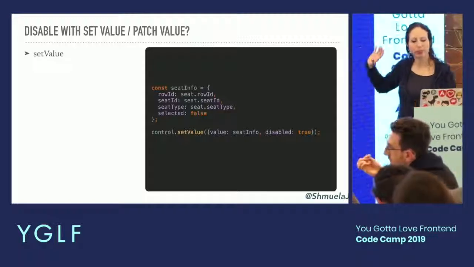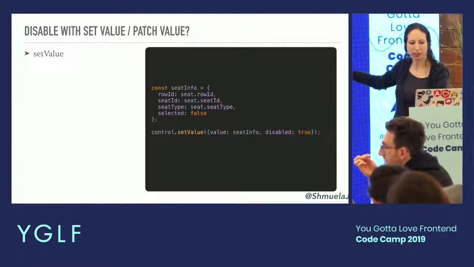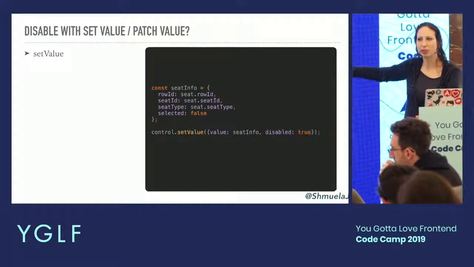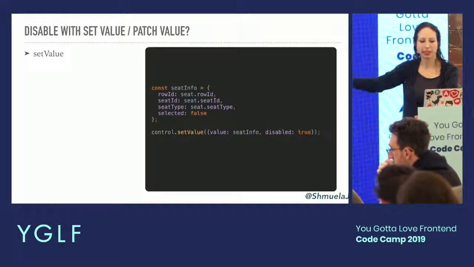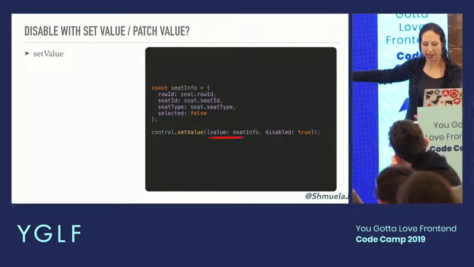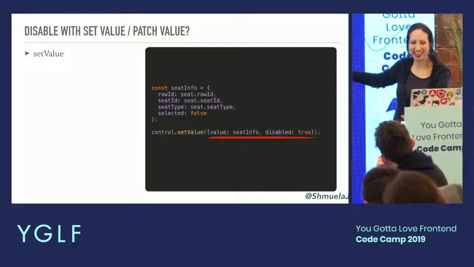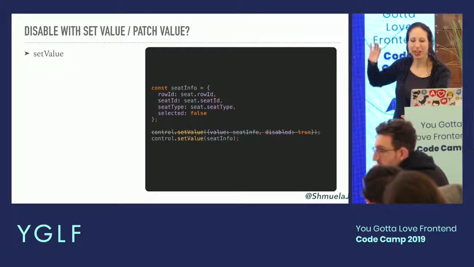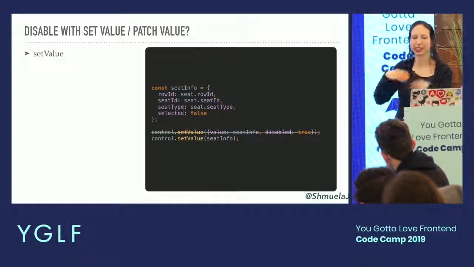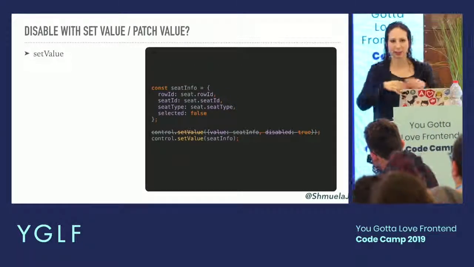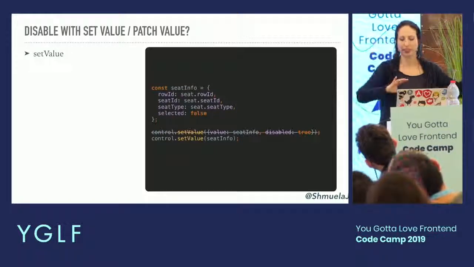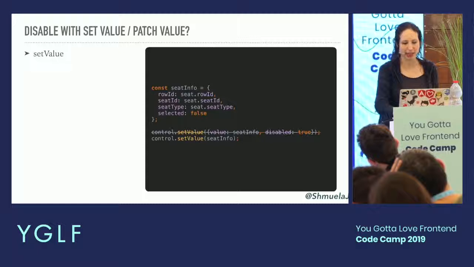So you can't actually do that. If I'm not clear, that's after you already have the control and you want to set a value later on. You can't do that. This is illegal, okay? When you're setting a value, you have to pass only the value. Unlike when we initialized the value, you can't split it into the value and disabled. You only have to pass the value.